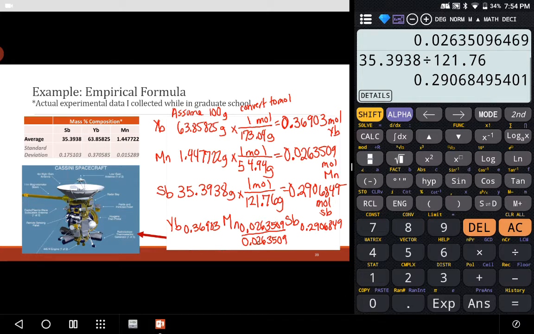And so now our manganese subscript would be 1. But in algebra, they teach you that if you do something to one side of the equation, you've got to do it to the other side of the equation. So now we have to divide the same thing all across the board.